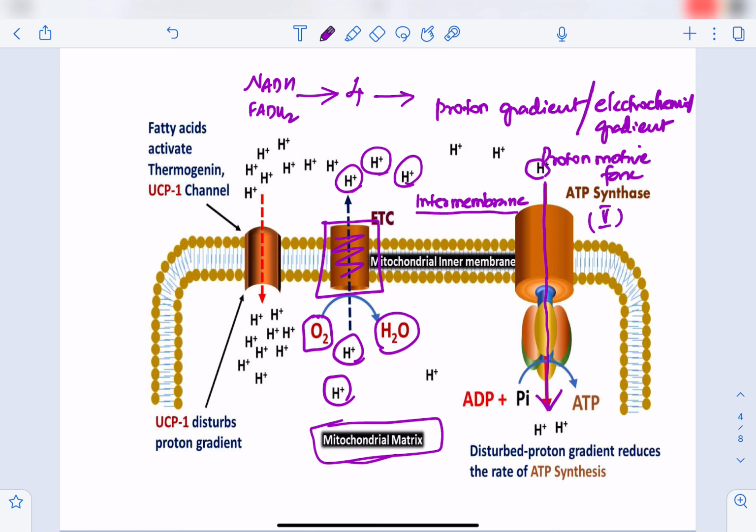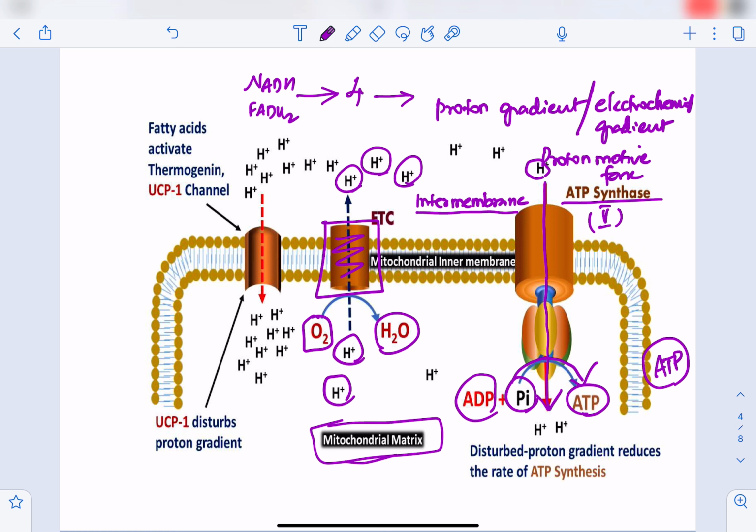As the protons move, the energy liberated is used in phosphorylating ADP to form ATP. So actually, the oxidation is coupled with the phosphorylation step like this.